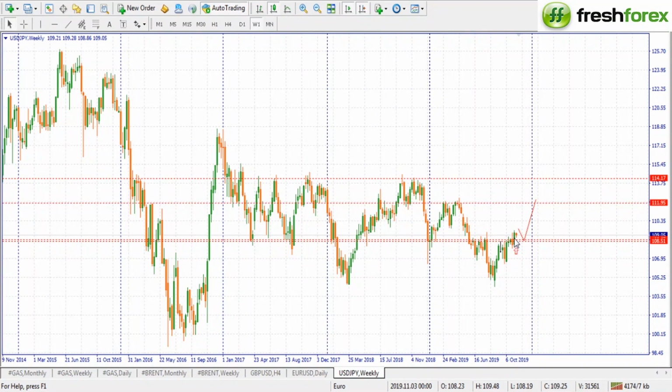So if you successfully buy it while the price is around 108.51, hold on to that buy up to 111.95, and in case it goes above, we'll wait for retracement, then you continue buying it even higher. This is what we expect to happen ultimately, for price to continue up to the very top, 114.17, this level here.